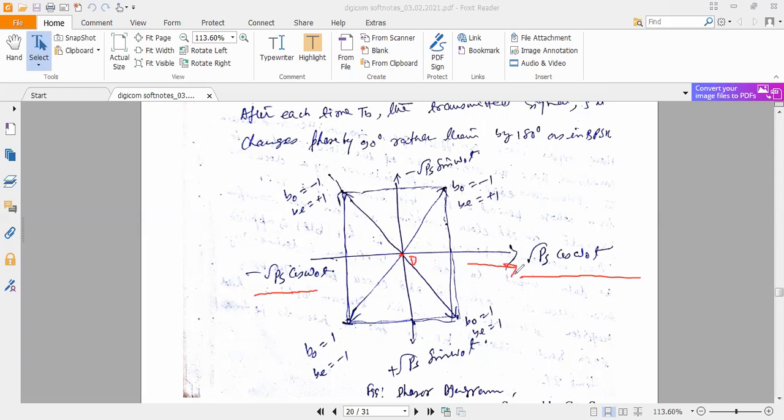So this axis is cos, this axis is minus cos, here it is plus sin omega 0 t, and that is your minus sin omega 0 t. These are the axes: this is cos, this is minus cos, this is minus sin, this is plus sin.